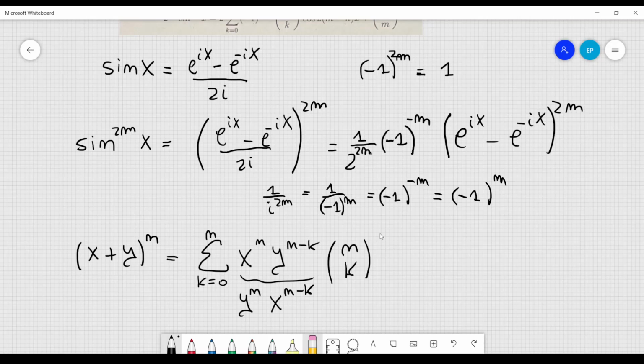And we have to use this formula to rewrite this expression here.